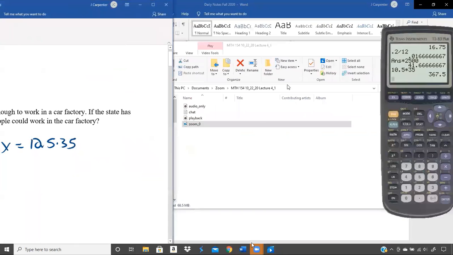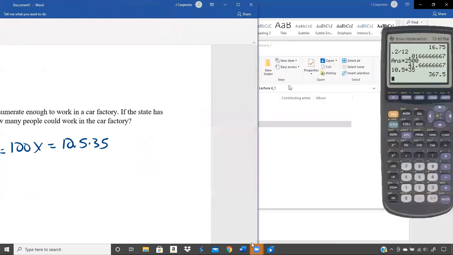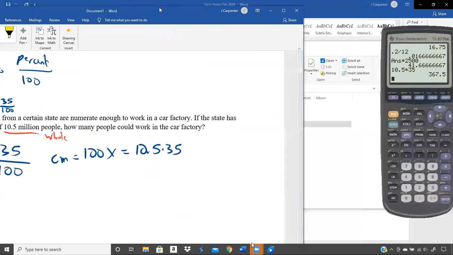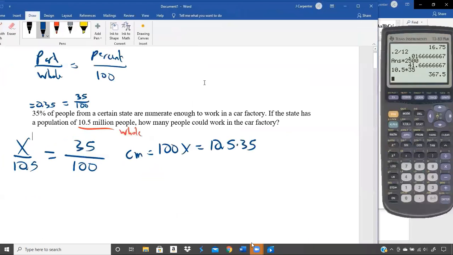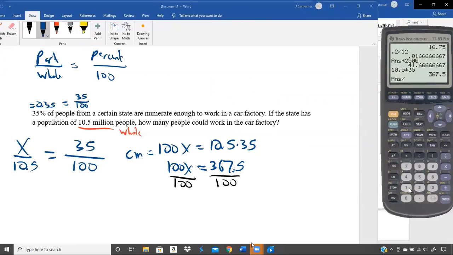Then we just divide both sides by the 100, which, dividing by 100, just takes a decimal and moves it left that number of times, the number of zeros. But if you don't like memorizing little tricks like that, show your division, divide it correctly, and you get 3.675. So we get x equals 3.675.